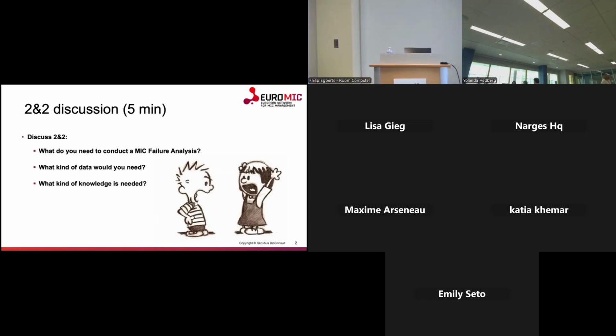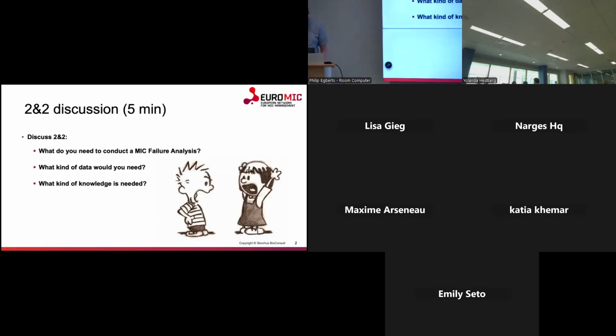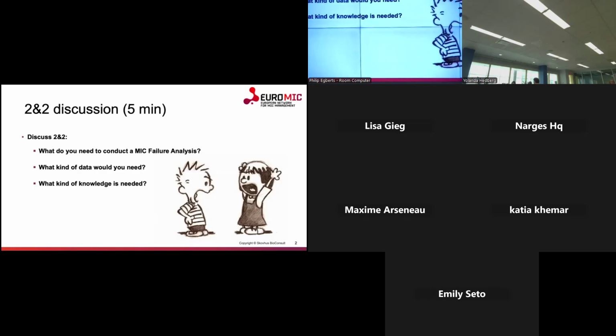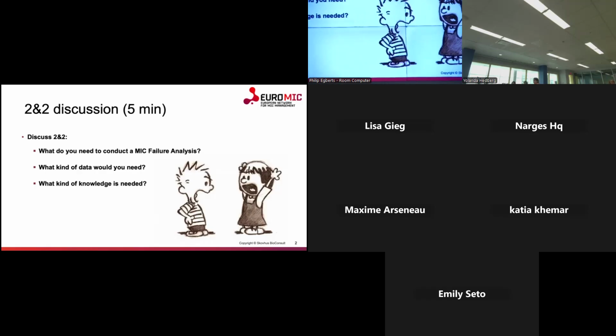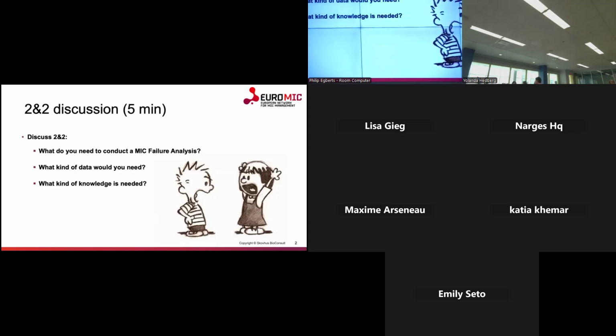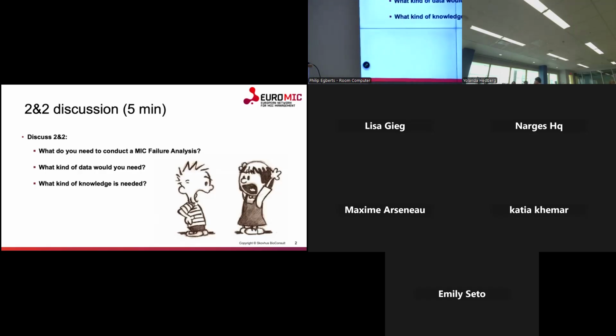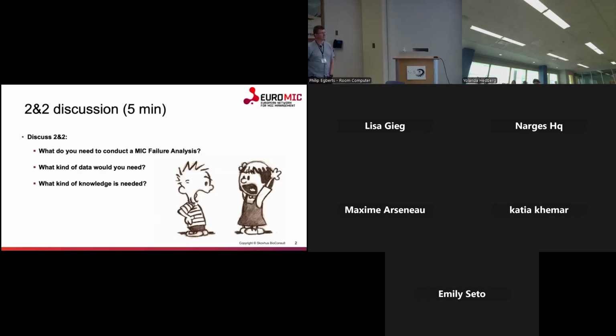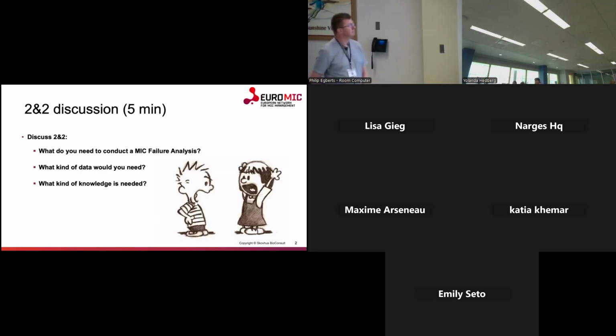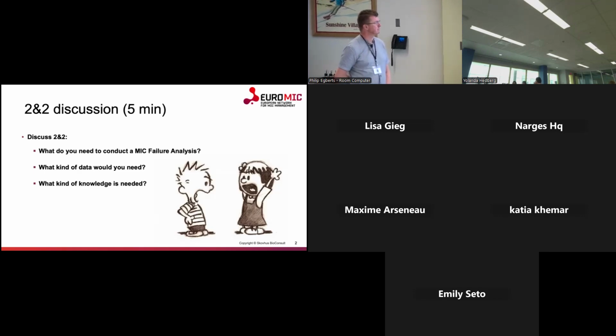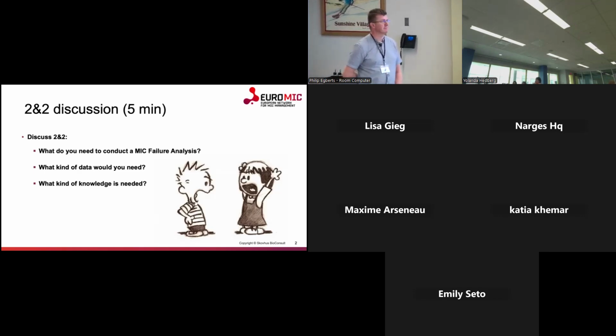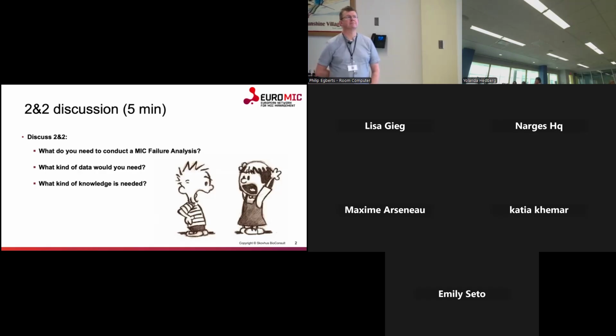Then they would also stop all operations, and if the temperature was switched off because of the failure, you have to get the samples as soon as possible, because otherwise it will change. So that is something special for MIC. Samples right away, well preserved, and you need to know the preservation.